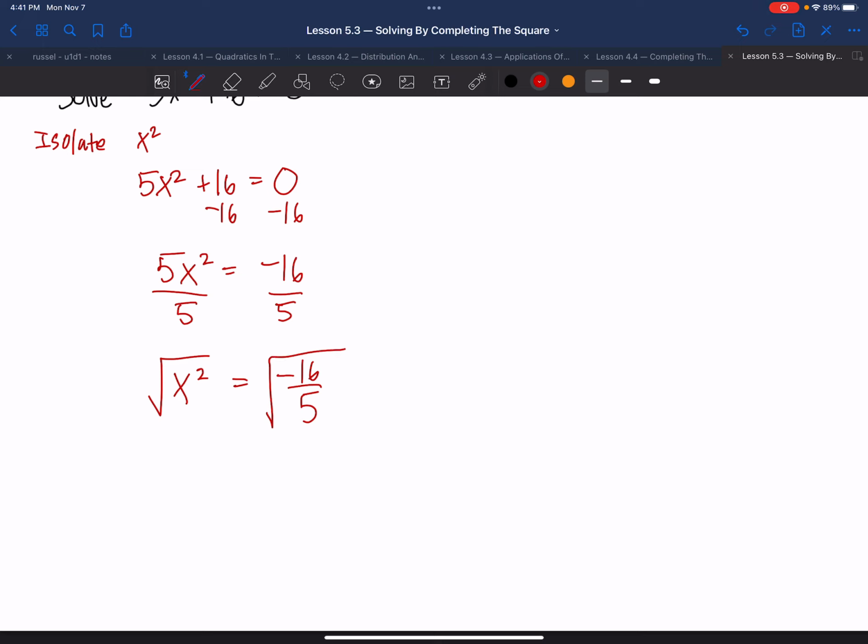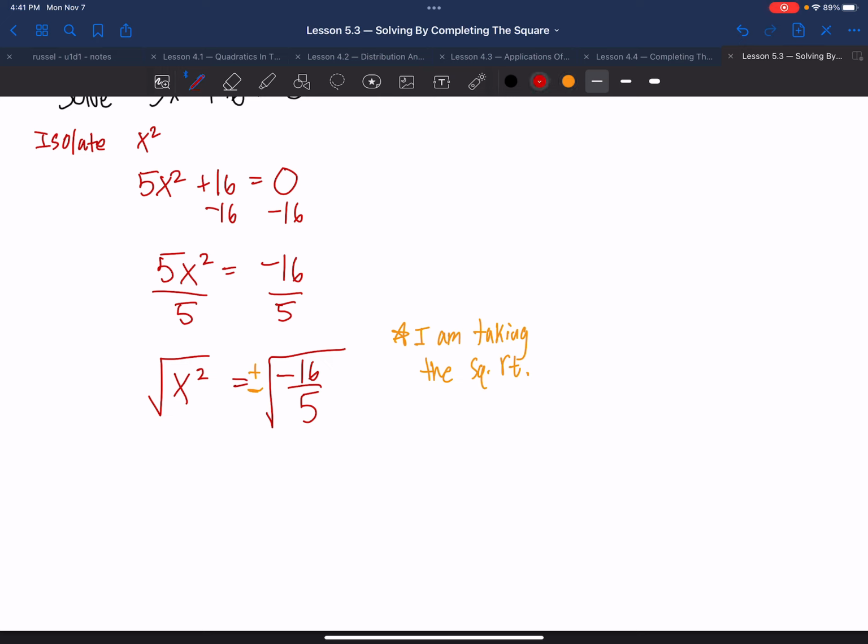But when I do this, I must put that plus or minus here, right? Because I am taking the square root.